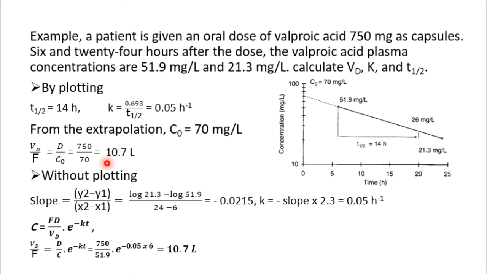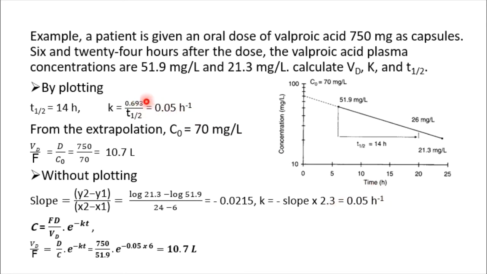which equals 10.7 liter. Also, we can do the calculation without plotting by calculating the slope, on a logarithmic scale, of these two points and the difference between their times, which equals minus 0.0215. Then we can simply calculate the elimination rate constant, and also the half-life of the drug. You can see here that we got the same results using the calculation method as with the plotting method.